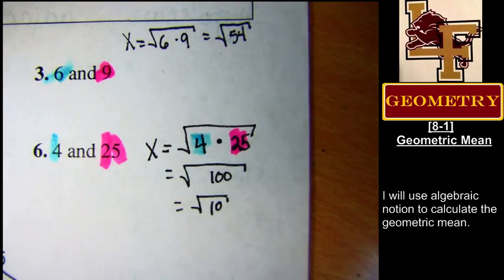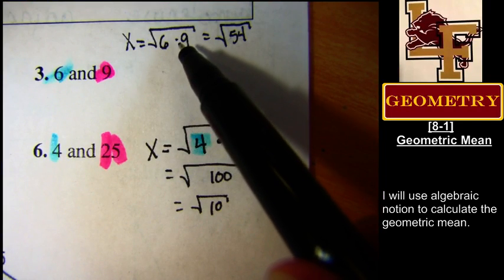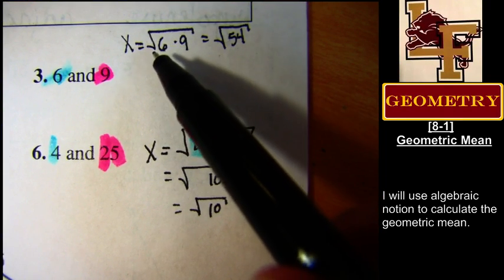And I don't want decimals. That's rounding. I want the exact number, which means I need an answer that still has a square root in it. I don't have a whole number that I can multiply by itself to give me 54.